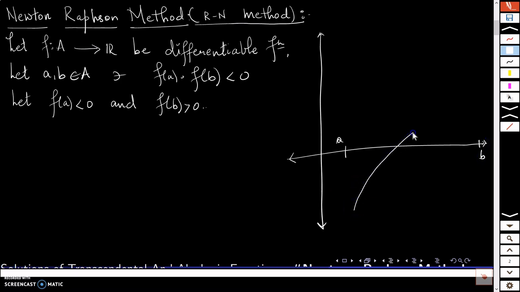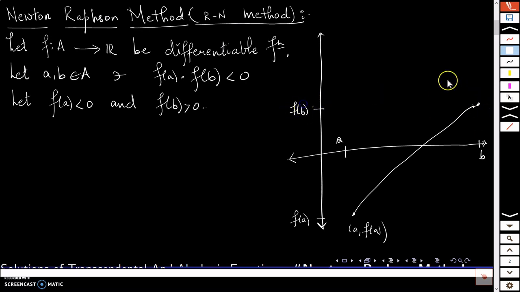This is just a rough figure. Let's say somewhat like this. Then this point is here, I'll have f of a. So this point is a comma f of a, and this point is f of b approximately here. So this point is b comma f of b, right?